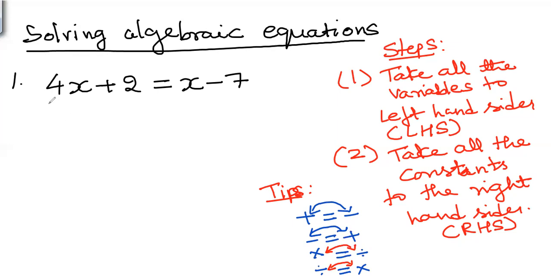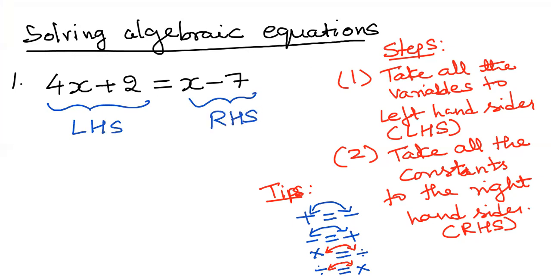So we have 4x plus 2, that is the left hand side, and x minus 7 is the right hand side. I'll write the equation again. First, what we have to do is bring all the variables to one side.